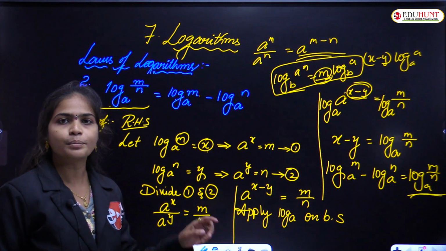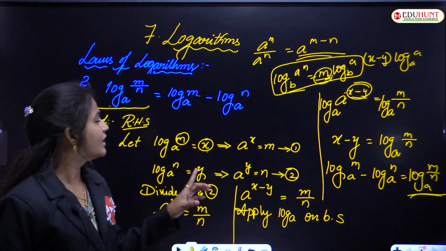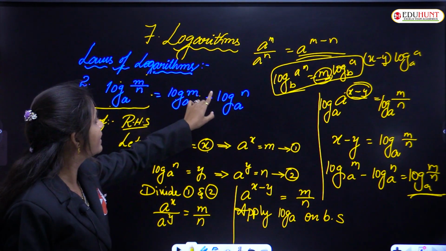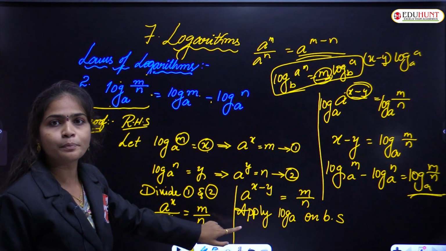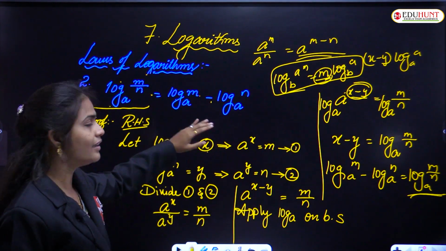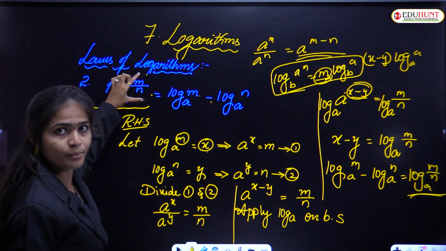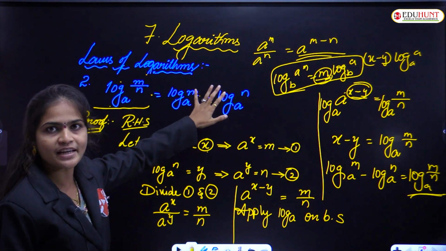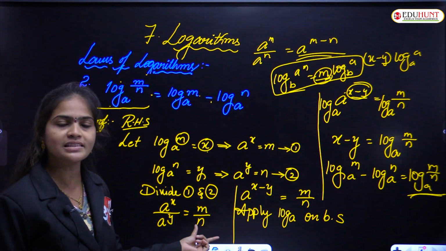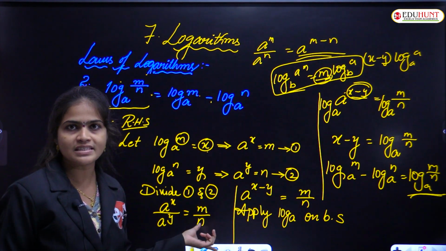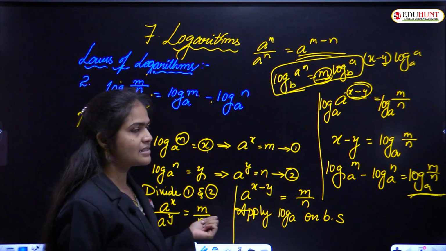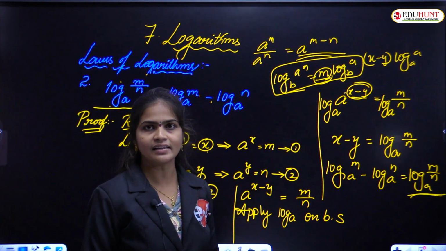In the previous first law, if m and n are in a product, then a plus sign comes, and in that proof multiplication comes. Coming to this law, m by n is in division form, so subtraction comes, and in the proof also division is applied. Just keep these things in your brain, and after that you will get the answers. So this is the second law.